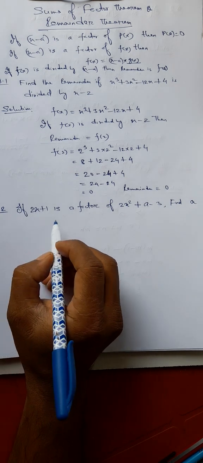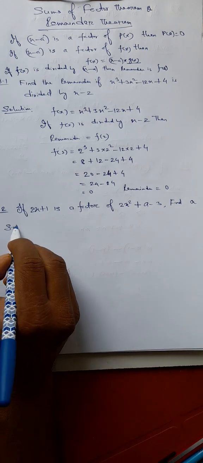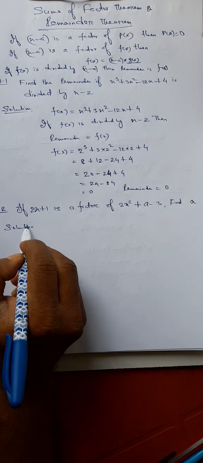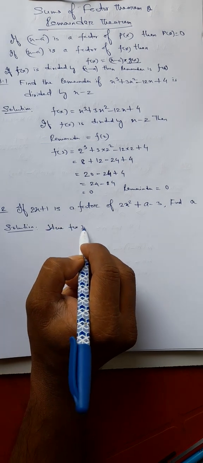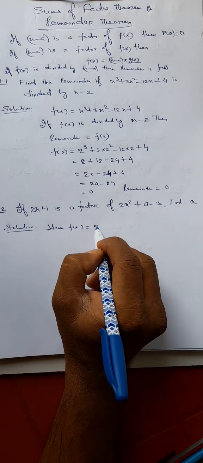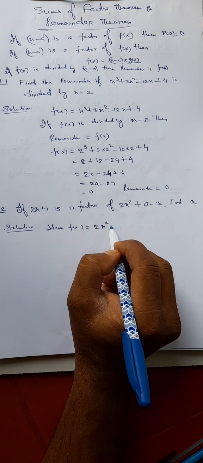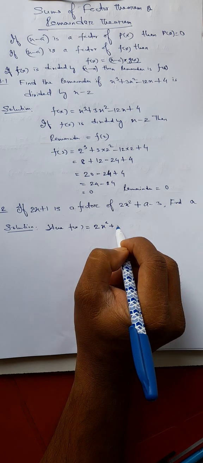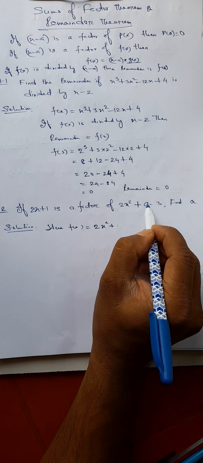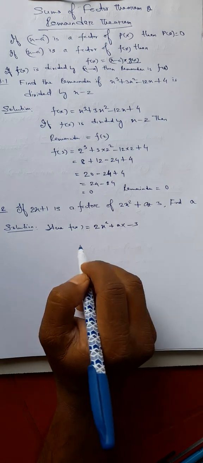If 2x plus 1 is a factor of this polynomial, find a. Solution. Here f(x) equals, it's a polynomial in x, 2x square plus ax minus 3.